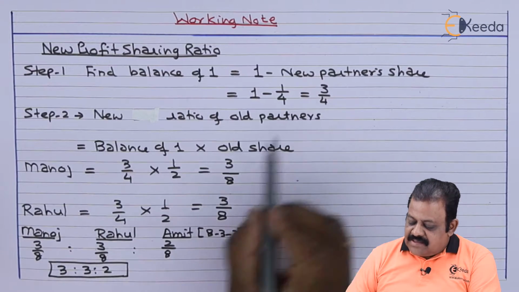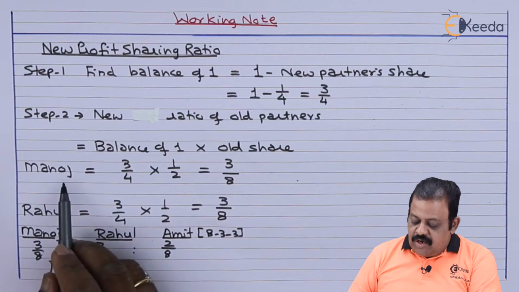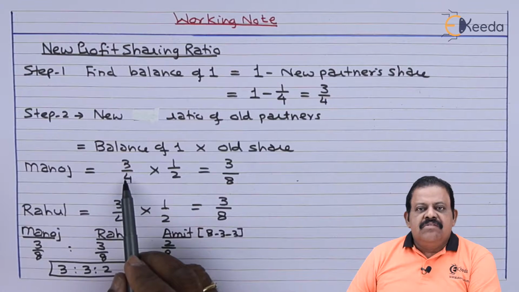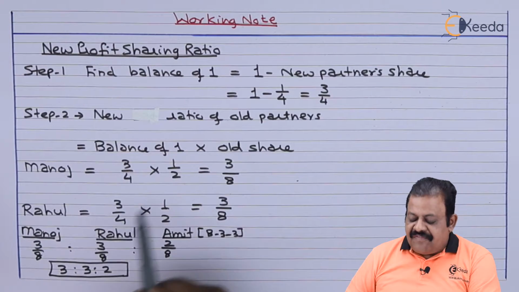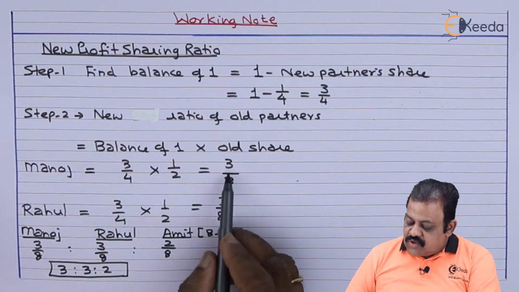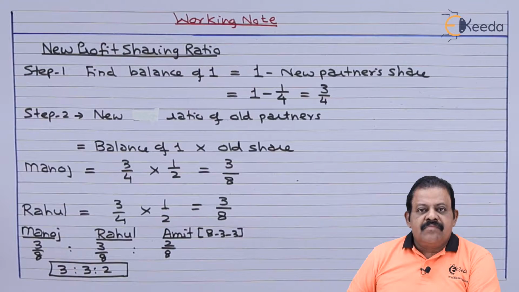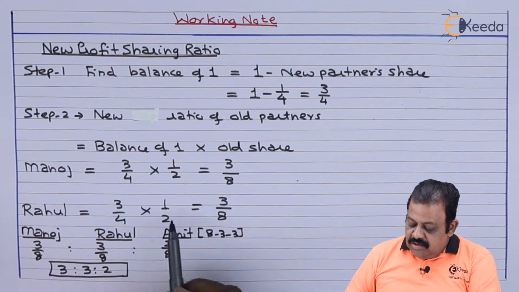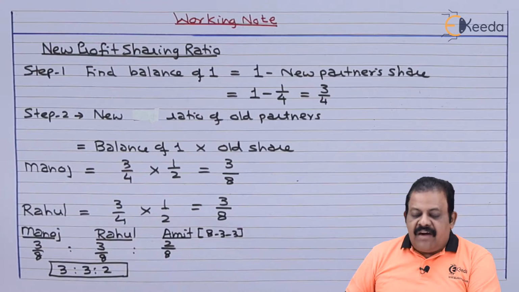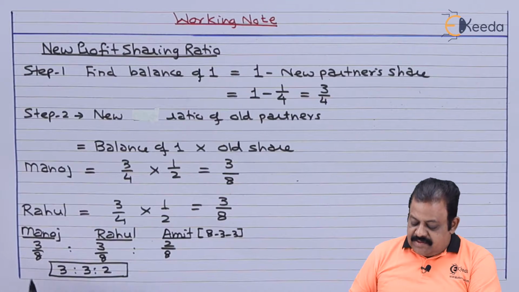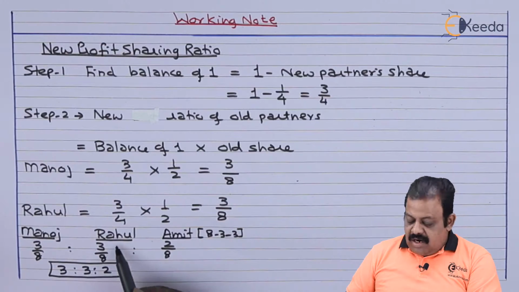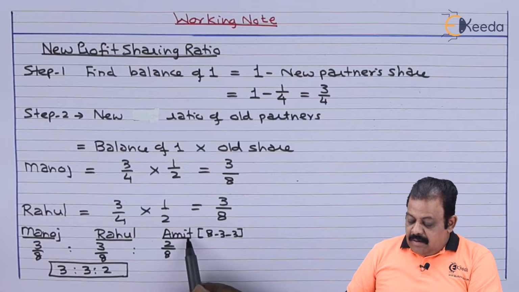Here balance of 1 is 3/4. So in case of Manoj, 3/4 multiplied by half comes to 3/8. In case of Rahul, 3/4 multiplied by half comes to 3/8.